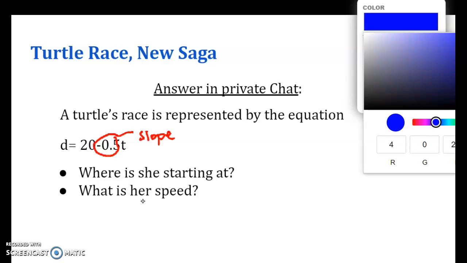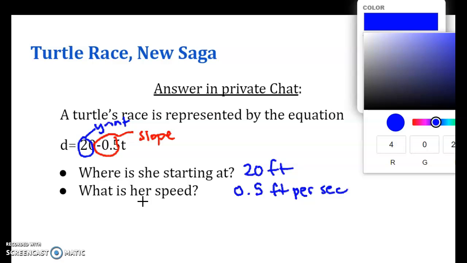And then what is this 20? The number that is being added, that's the y-intercept, and the y-intercept is always the starting value. So it is going to be 20 feet. And what is her speed? It's 0.5 feet per second, but actually it's negative.